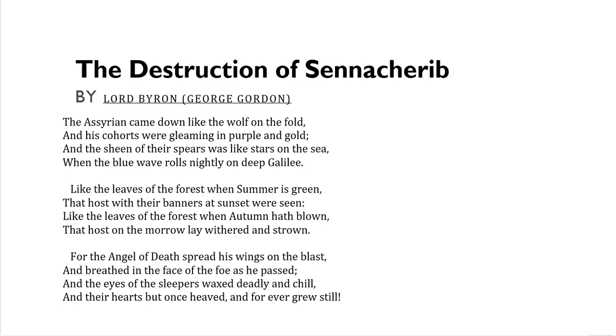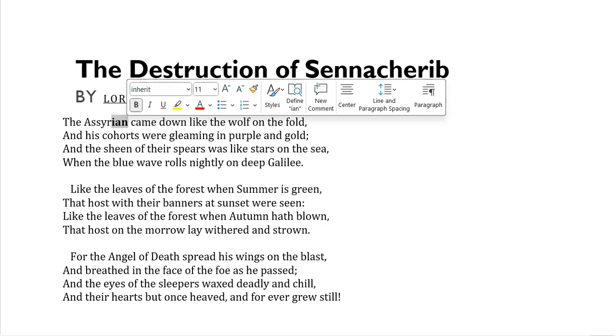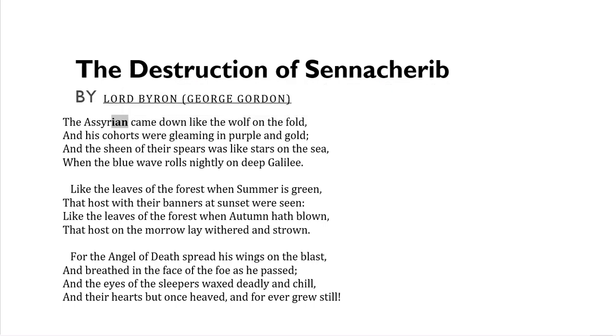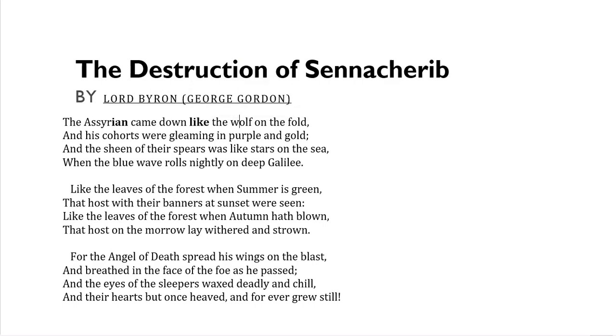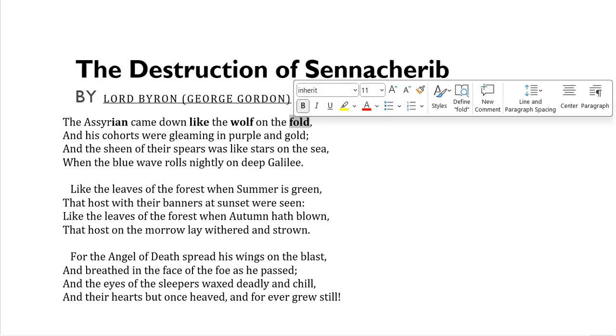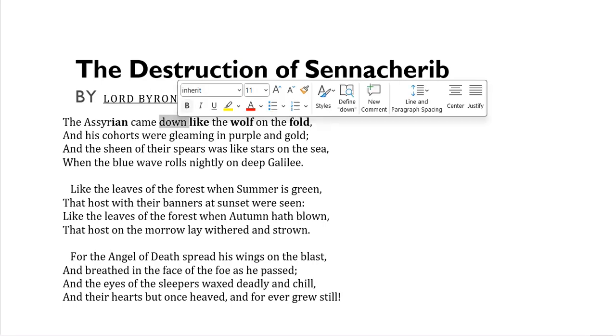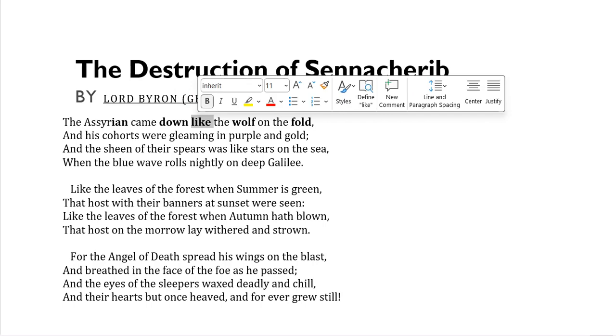The Assyrian came down like the wolf on the fold. But I think the stress is actually there: Assyrian came down like the wolf on the fold.